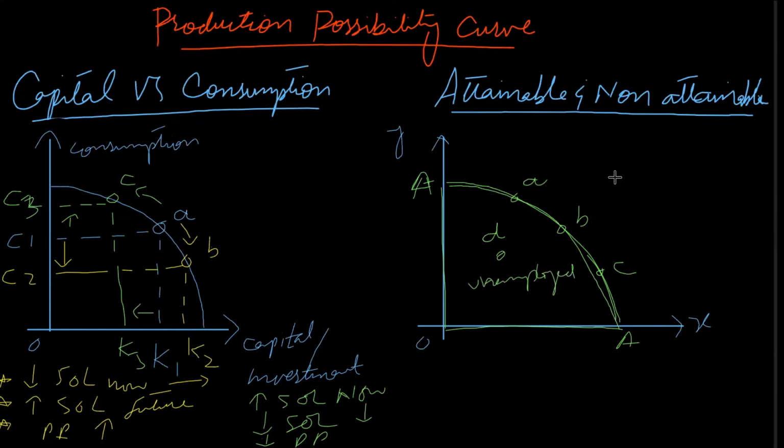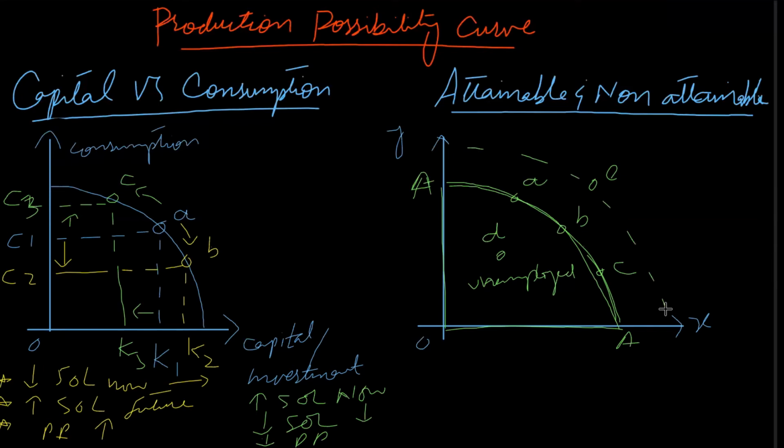However, consider a point outside the PPC, let's say point E. Point E is outside the boundary. We want to reach there, but it is not attainable unless our PPC shifts outward and reaches somewhere at this point.